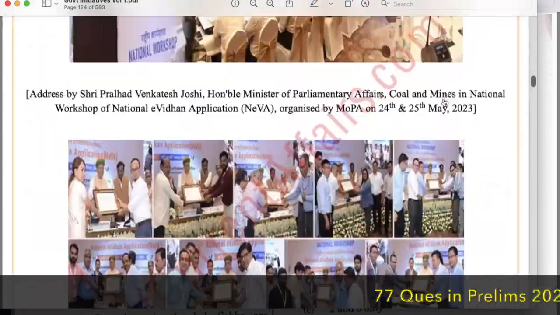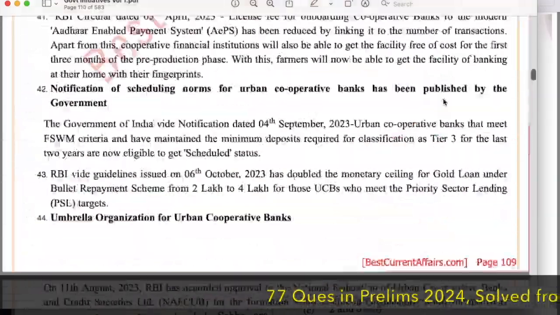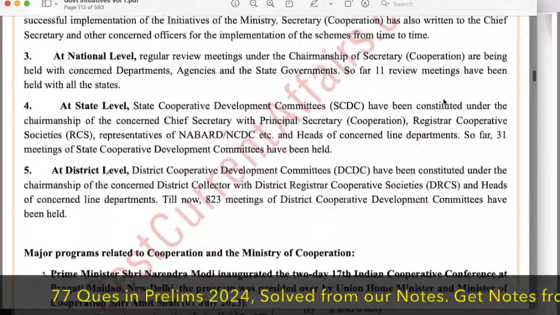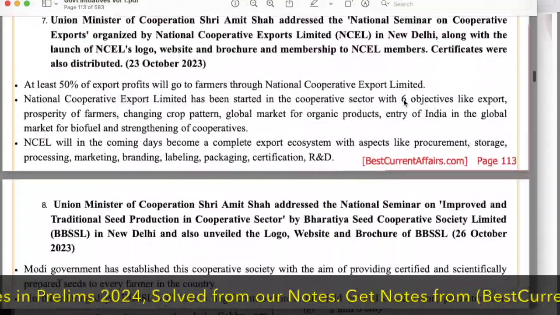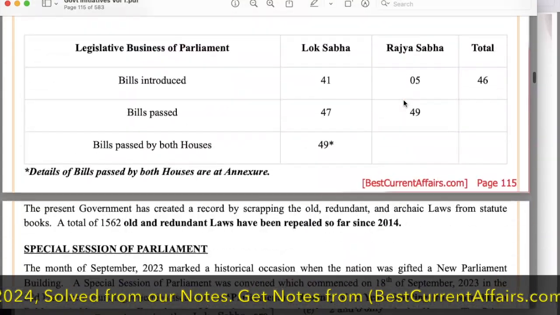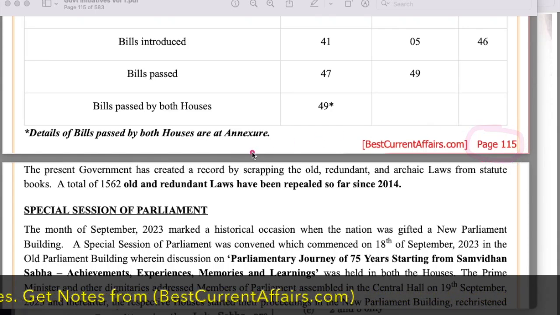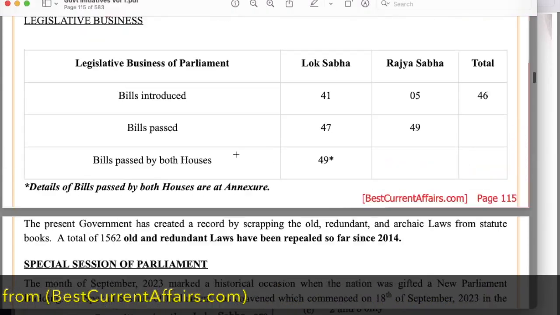page number 115. We have given the full list of the acts passed by the Parliament in 2023. Here you can see page number 115 of our booster PDF number 1.